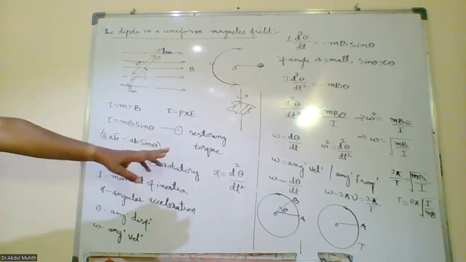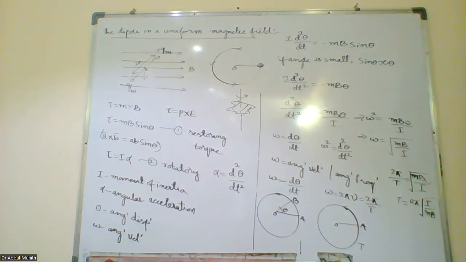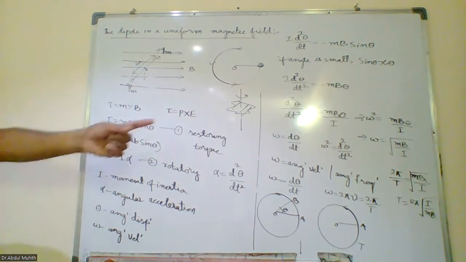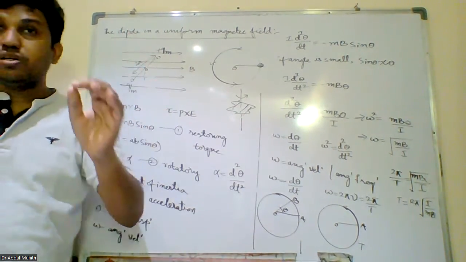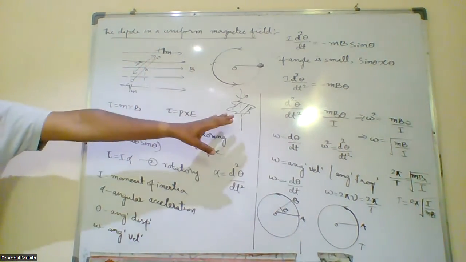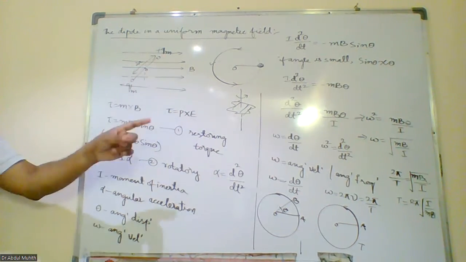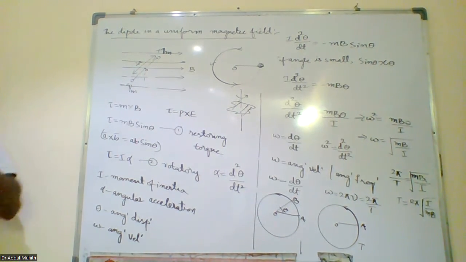Is this clear? You might ask me, sir, why did you suddenly remove that minus there? Because it is only the magnitude, it's not the direction. And second thing, you can never find out the square root of a negative number.